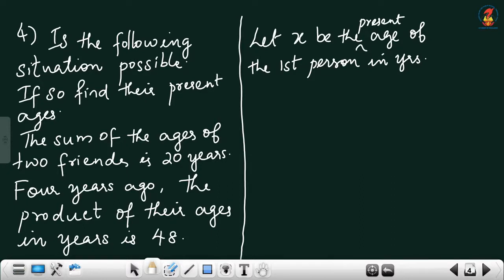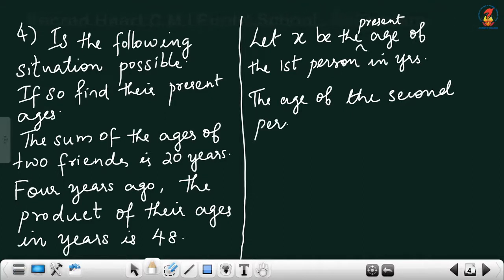So, it is given that the sum of the ages of two friends is 20. So, clearly the age of the other person is 20 minus x. The age of the second person is 20 minus x years.